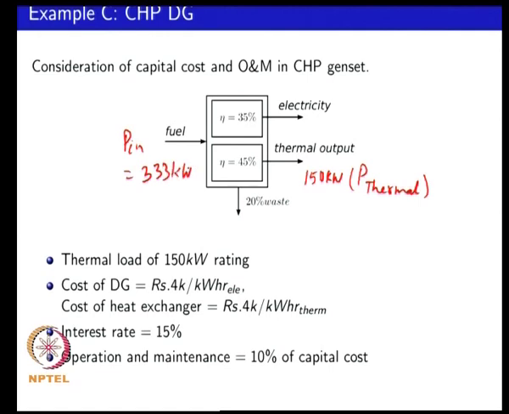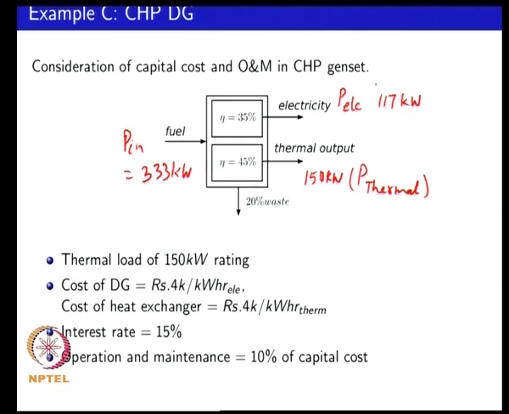And then you know your efficiency from your input fuel to electricity, which is 35%. So, you know your electrical output power, P electrical, which is 0.35 times 333, this is 117 kilowatts.